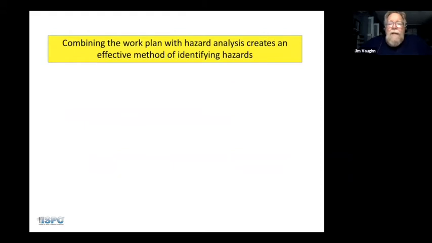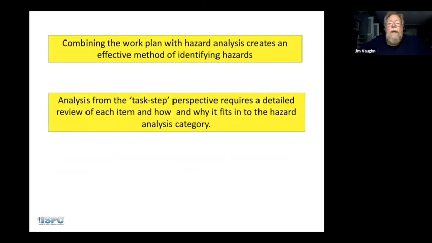When we combine the plan with a hazard analysis, now we have an effective way of identifying those hazards because we know each of the steps. We know what we're going to do. So what we do then is identify the hazards relating to the steps as we do them. When we do that task step, then we have a detailed discussion.